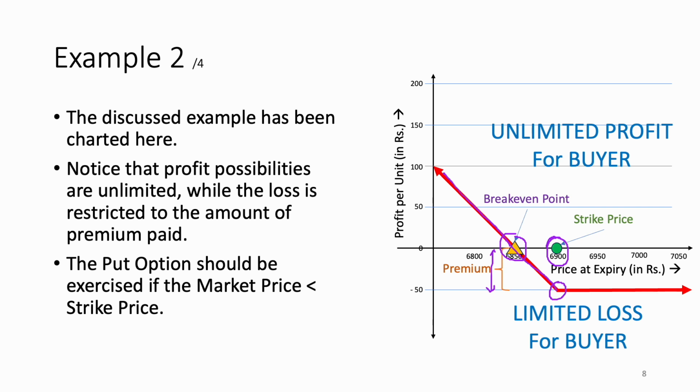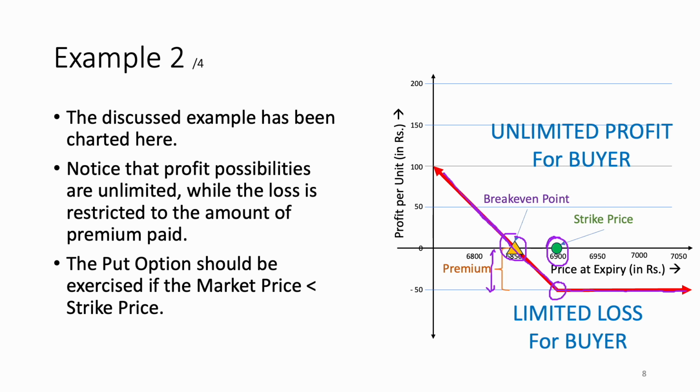However, if the price of the commodity falls further, the profit of the buyer keeps going upwards. Now, notice that if the price rises above the strike price, then the buyer will simply not exercise the put option and will just pay the premium.